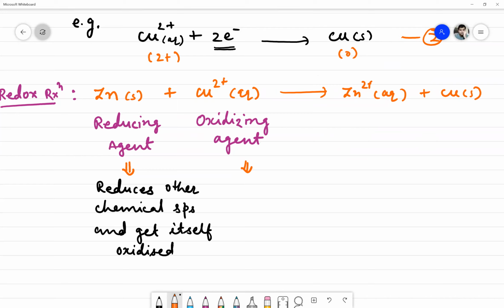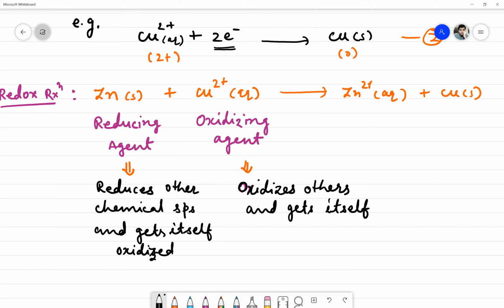And what is the oxidizing agent then? Which oxidizes others and gets itself reduced.